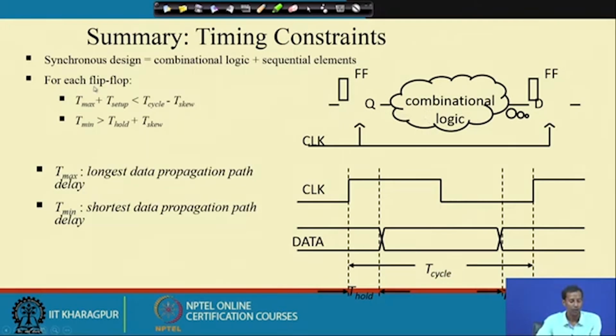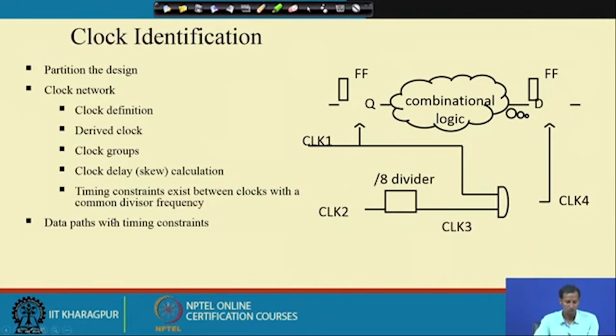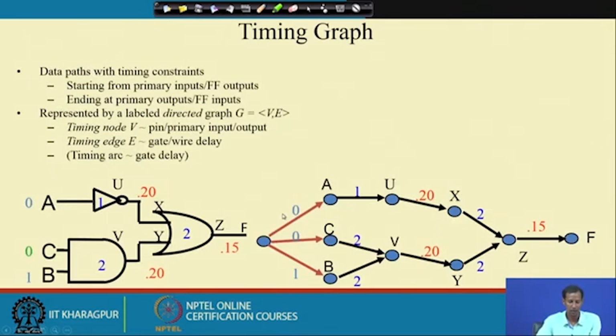For each flip flop this condition has to be satisfied: T max plus T setup will be lesser than T cycle minimum minus T skew, and T minimum will be greater than T hold plus T skew, where T max is the longest data propagation path delay and T minimum is the shortest data propagation path delay. So, these are the other things.